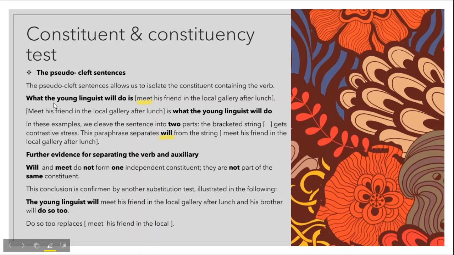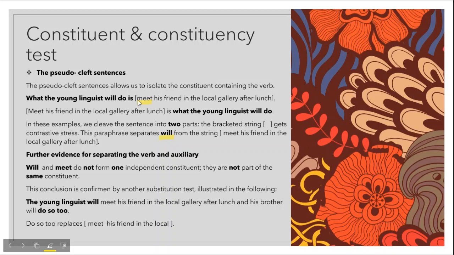Okay, so what the young linguist will do is meet his friend. We didn't say the young linguist will meet his friend is what he will do. No, it doesn't work like that. Okay, it will be ungrammatical.